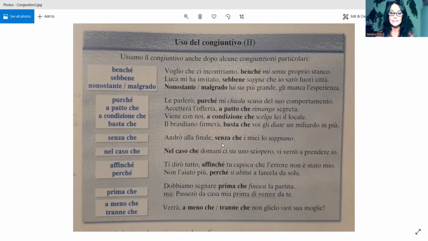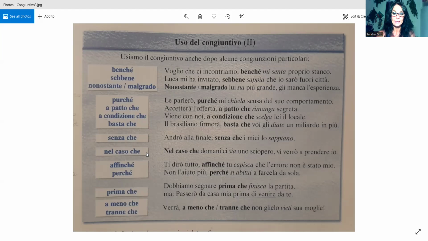Literal translation in English would be without that, my parents know. However, in proper English, without my parents knowing. There's another little clue that will remind you that if you have this construction, you need subjunctive.